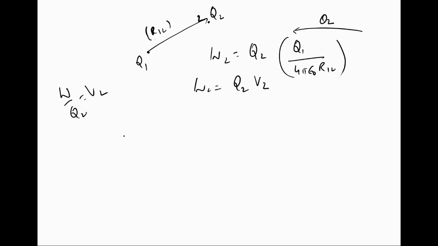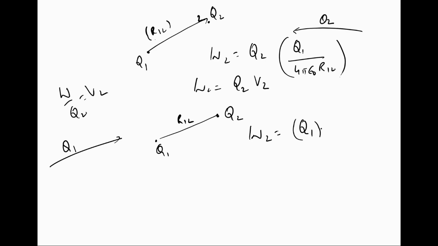Similarly, I could have done it the other way, that I could have already kept Q2 here, and I will bring the Q1 charge from infinity to this point. This is Q1, and again this is R12. So in this way, the work done will be the same. It will be Q1 charge into the potential at this point. It is Q2 over 4 pi epsilon naught R12.